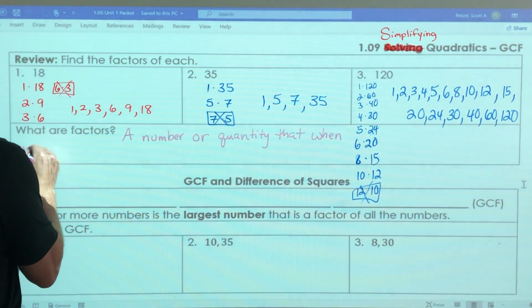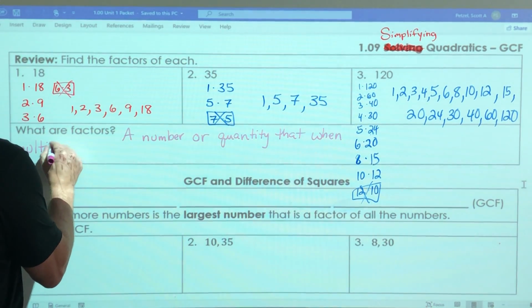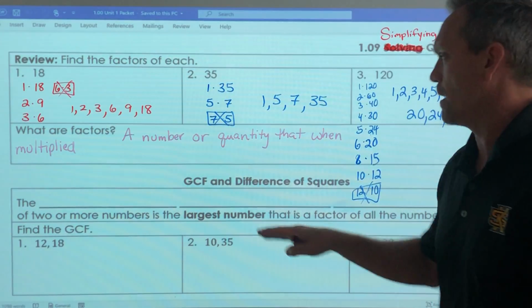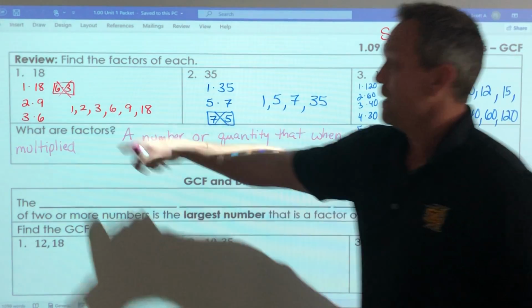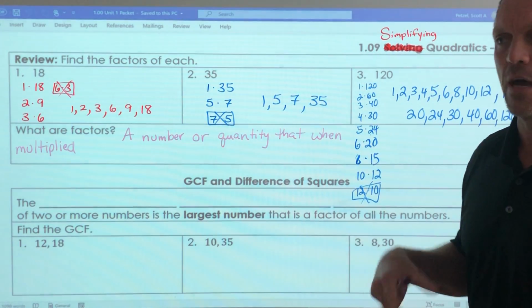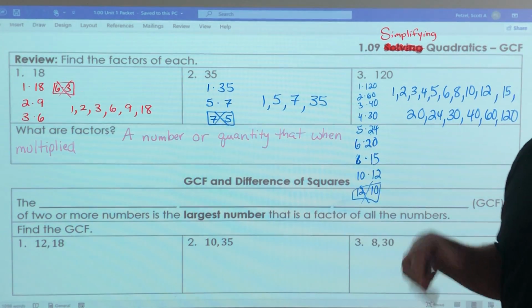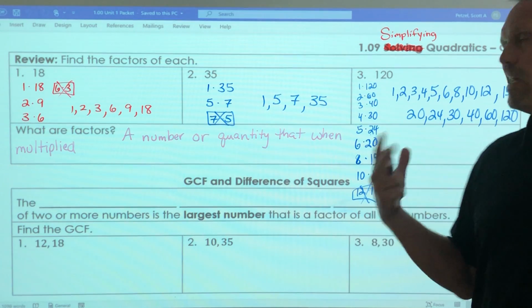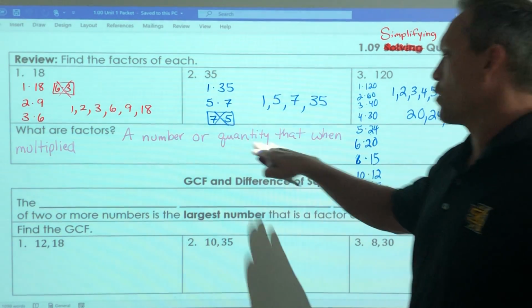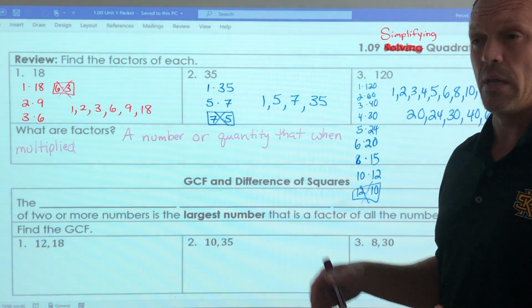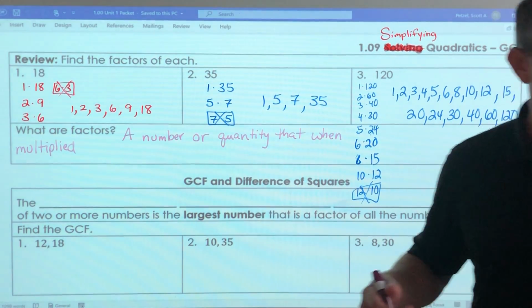A number we get, these two numbers multiplied give me 18. Well, when we get deep down into this stuff, we could be using X's and Y's, Z's, M's, N's, all these types of things. So we need to understand that a quantity could also be something we don't really know what it is, but it's still something, okay?